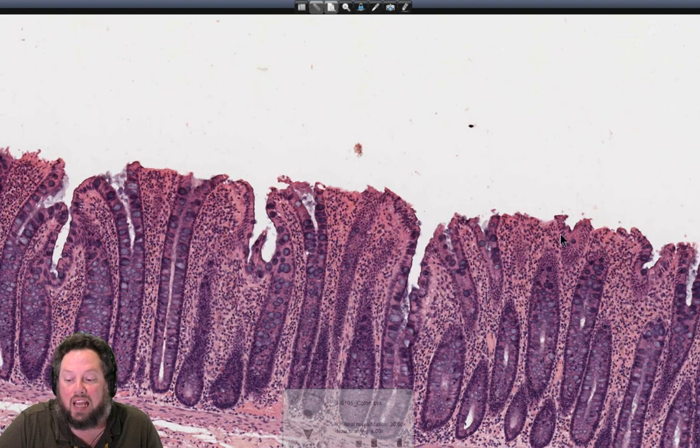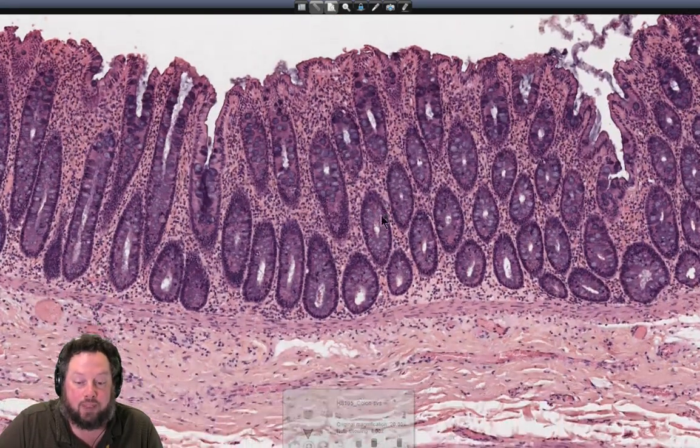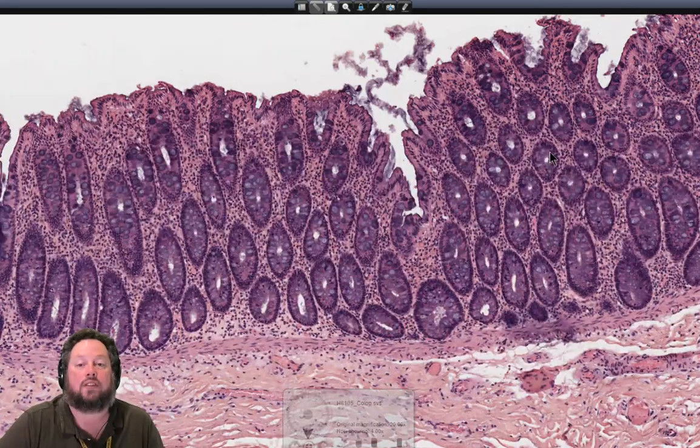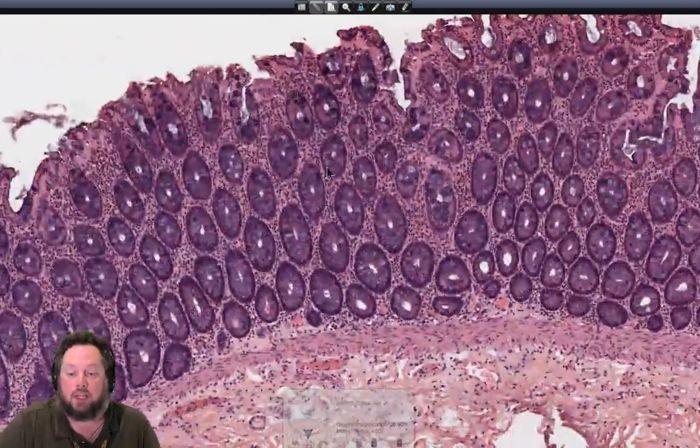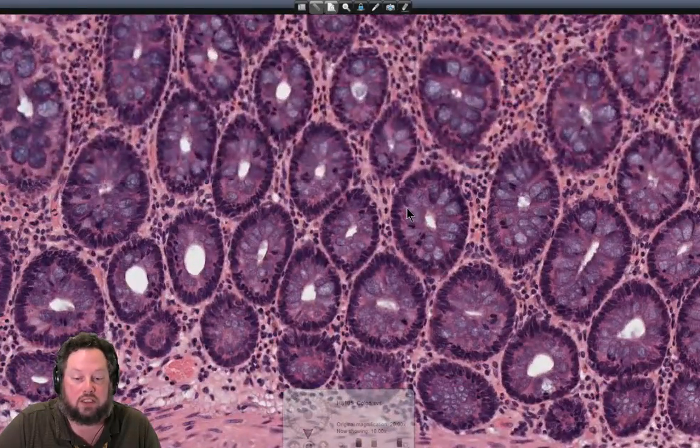We've got a flat surface, which can sometimes cause students to misidentify this as the stomach. Of course, the difference being, look at all these round structures of the goblet cells. If you see these round structures, then you can't be in the stomach because there's no goblet cells in the stomach. So lots of cross sections of these glands.